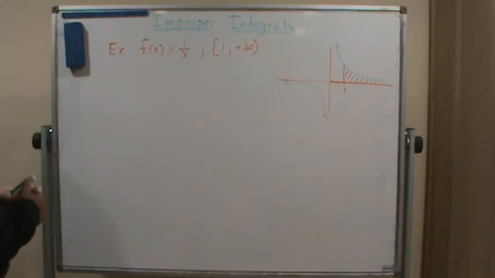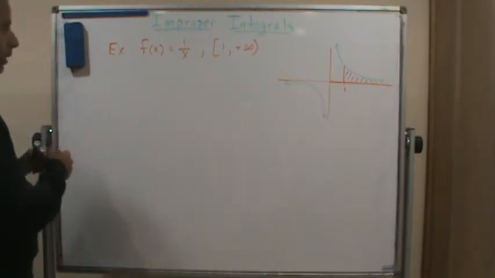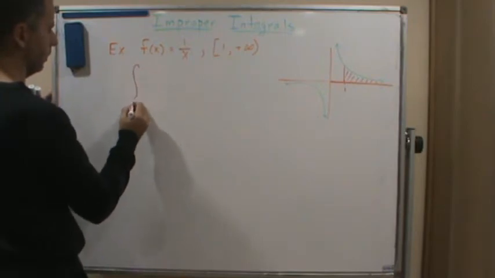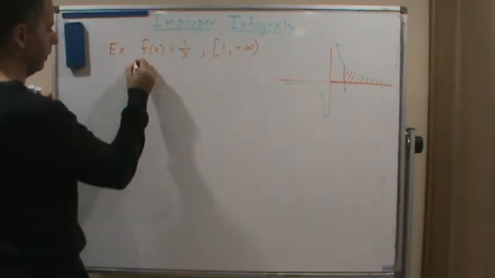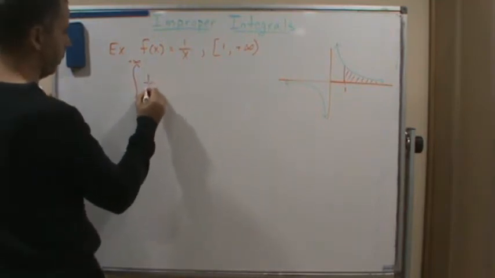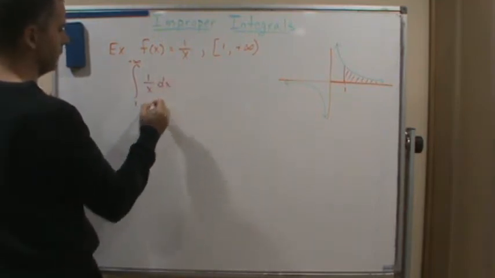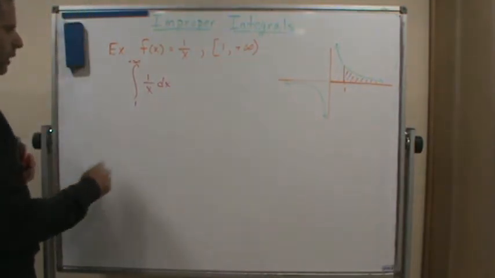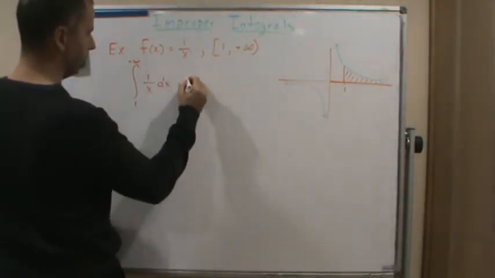So the first thing we're going to do is set up the integral. The way we're going to set this integral up is we're going to go from 1 to positive infinity of 1 over x dx. Now then we're going to rewrite this again. We're going to use limits.